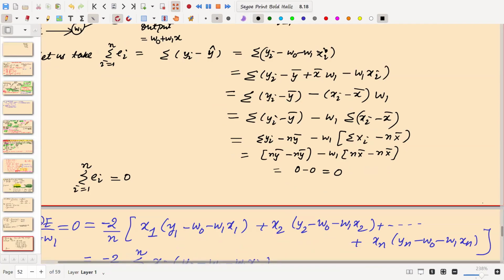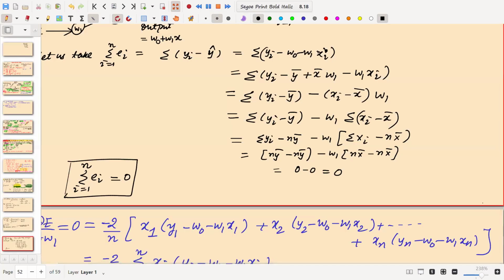So the statement that it sometimes can be 0, sometimes cannot be 0, is wrong. It will always be 0. The sum of residuals will always be 0. Therefore, it's not a good choice for the error, not a good choice for the cost function, not a good choice for optimization.